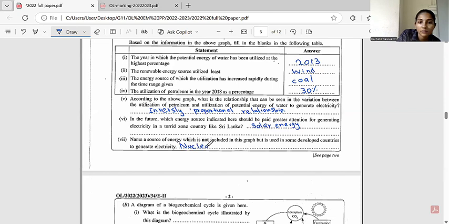Nuclear energy is produced in nuclear power plants in developed countries. Other ones: tidal power, geothermal power. So those are the answers you can write. You don't have to write only one. I have written many. Geothermal energy.